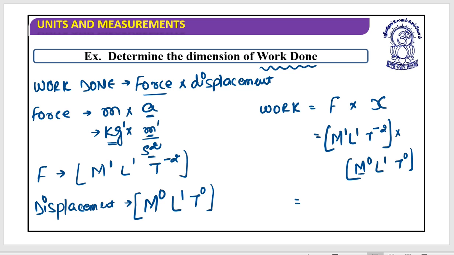Now when the bases are the same and you need to perform a multiplication, it would be an addition of the powers. So this is M to the power 1 plus 0, which is 1, L to the power 1 plus 1, which comes to 2, T to the power minus 2. So this is M1 L2 T minus 2. Can you do it? Yes.